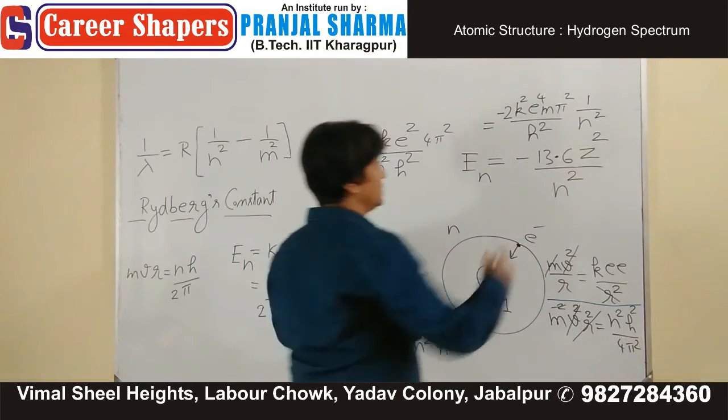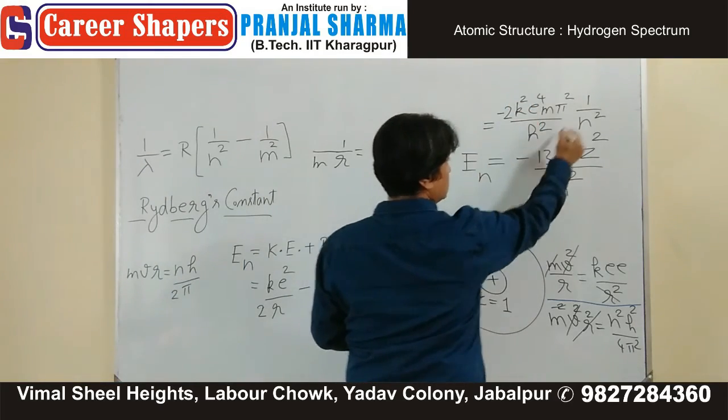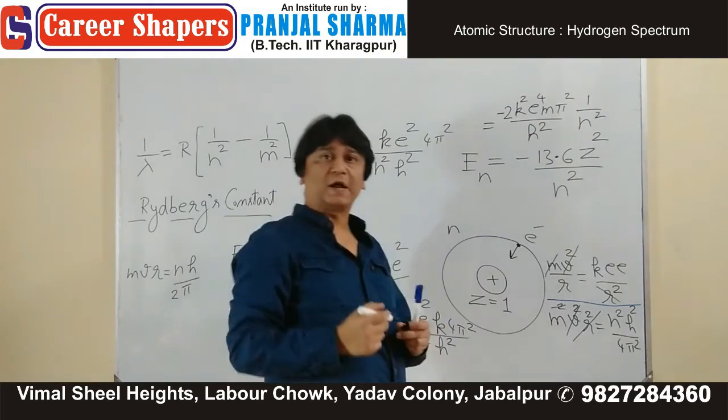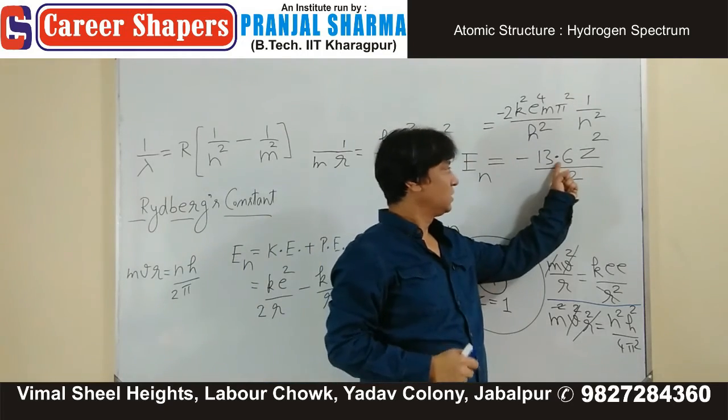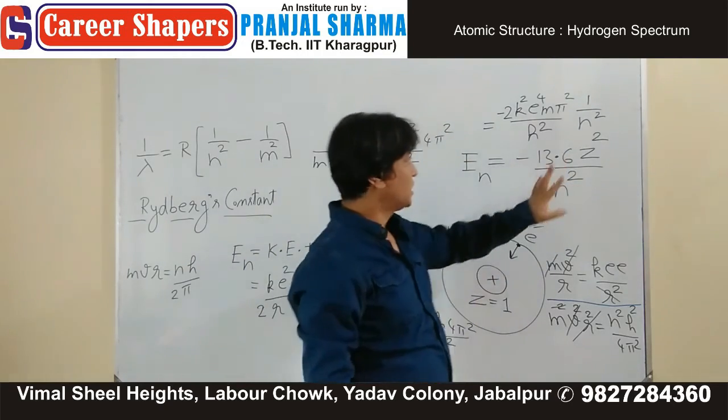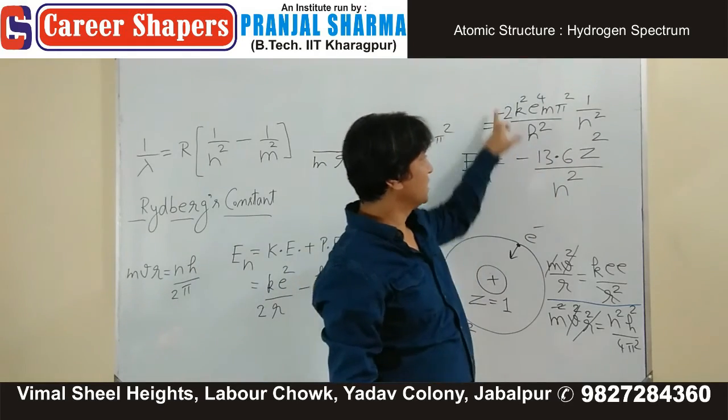So this, when you convert in electron volts, gives us what? 13.6. So as of now, this is the constant we are interested in.